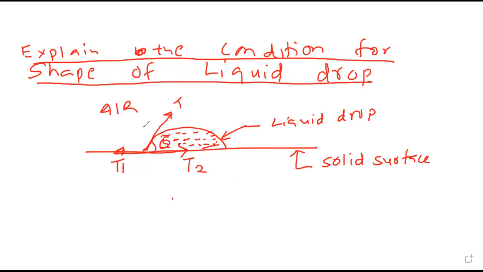Can I take two components of T? This will be T sin theta and this will be T cos theta.